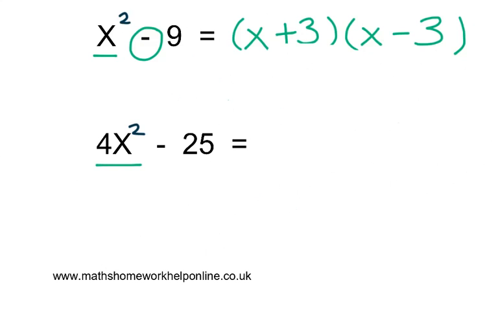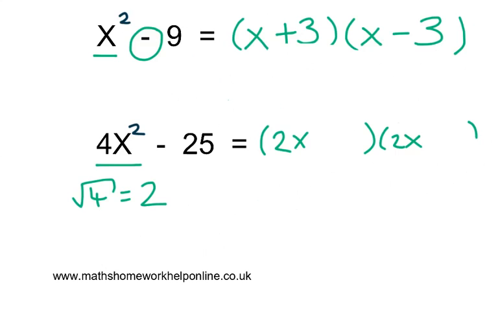So this time we've got 4x squared. So the square root of 4 is 2, so therefore in each bracket will be 2x. Okay, and the square root of 25 is 5, so it'll be 5 and 5, and then one will be positive and one will be negative. So I'll just take it out of the bracket for you to prove that it works.